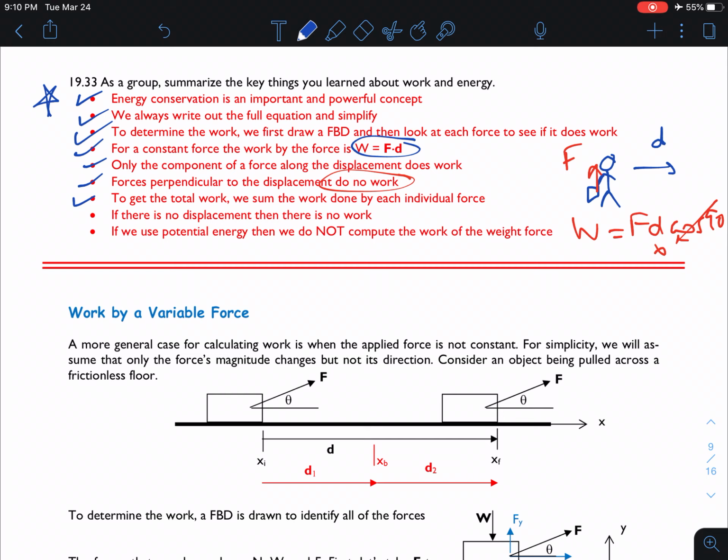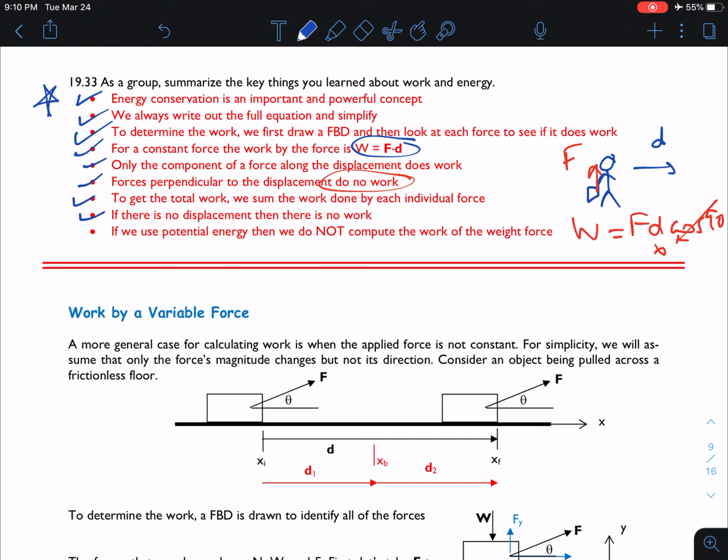There are three terms. If any of those gives you 0, then there's no work. Not just 90 degrees; F or D could also be 0. There was an example of pushing against a wall: you're applying a force against the wall, but the wall is not going anywhere, so it doesn't matter how much force you apply. You're not going to have any work.